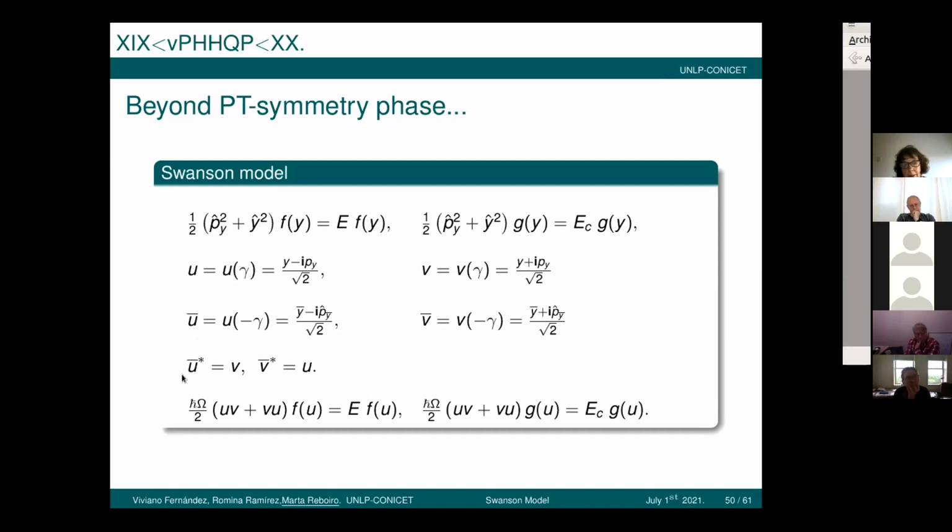And for convenience, I will call overline u the u evaluated in minus gamma, and overline b the b evaluated in minus gamma.